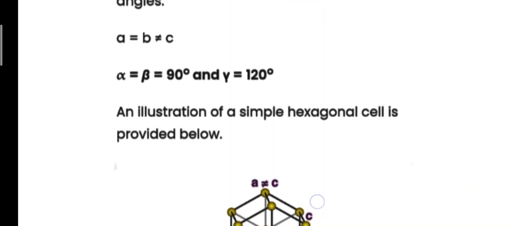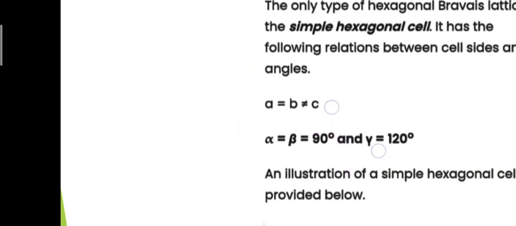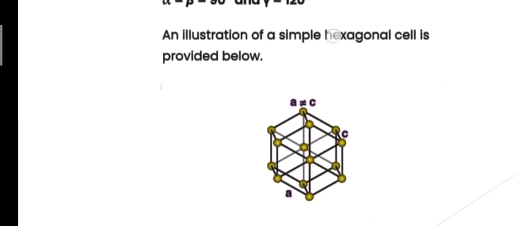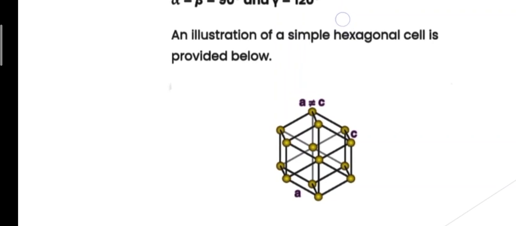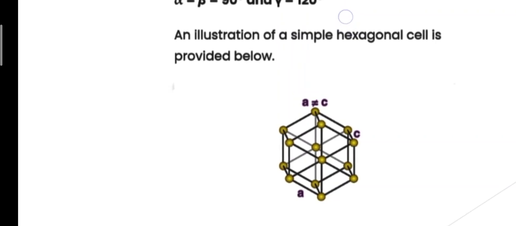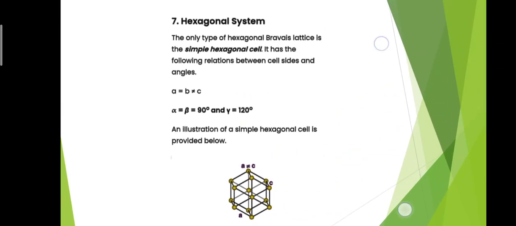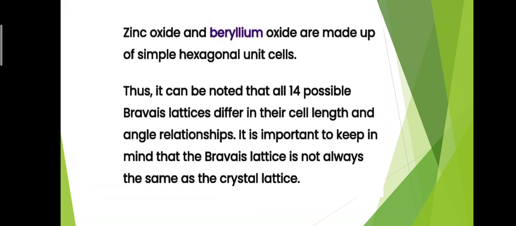An illustration of a simple hexagonal cell is shown, where A is not equal to C. Zinc oxide and beryllium oxide are made up of simple hexagonal unit cells.